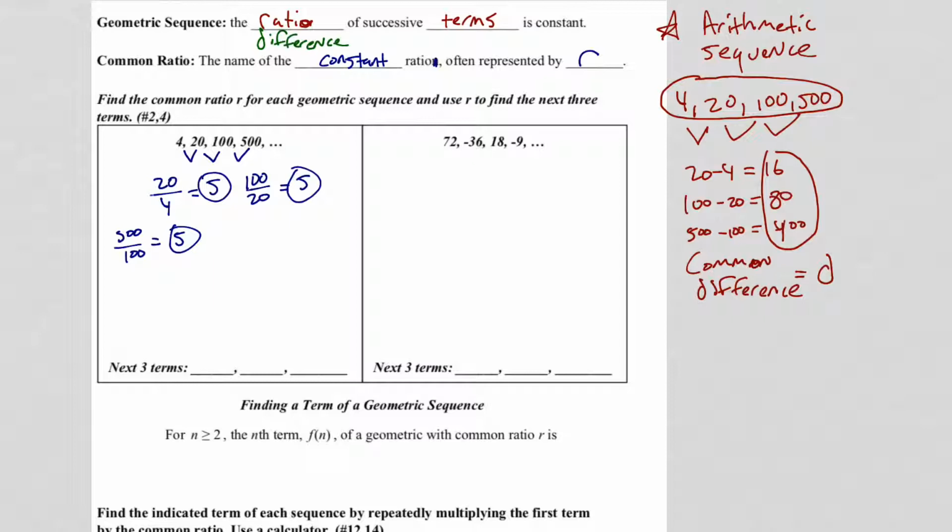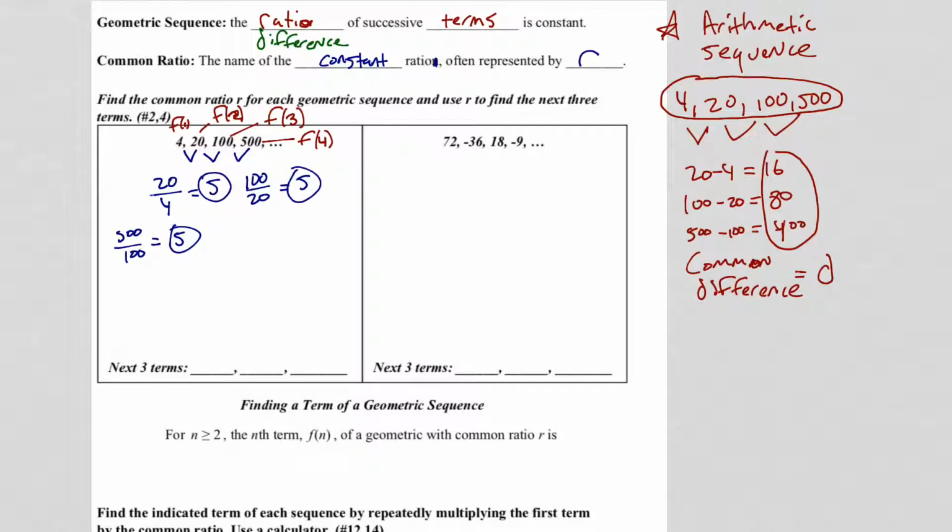Now we definitely have something in common between the terms, right? And hopefully this will refresh your memory too. This first term, that's f of 1. This second term, f of 2. Hopefully you can read that. This third term, f of 3. The fourth term, that's f of 4. Right?